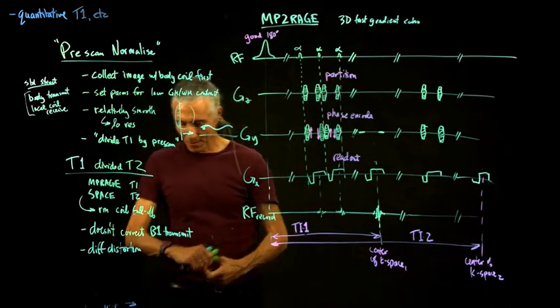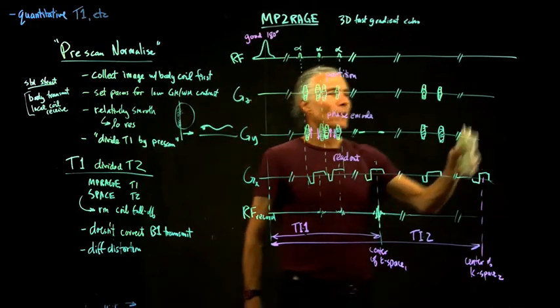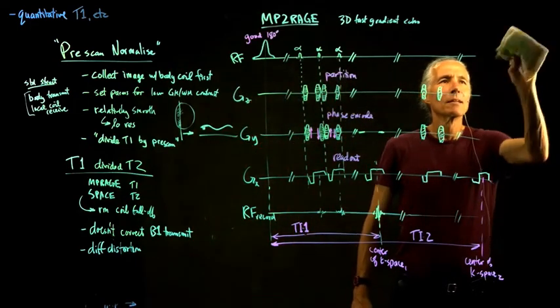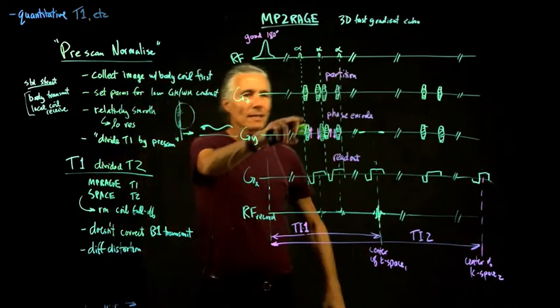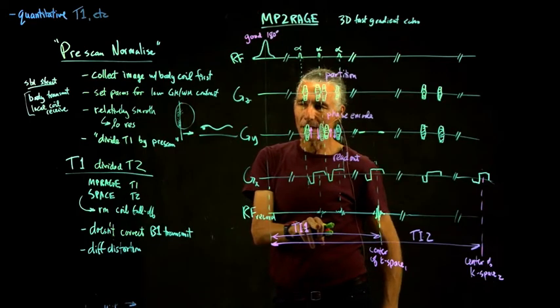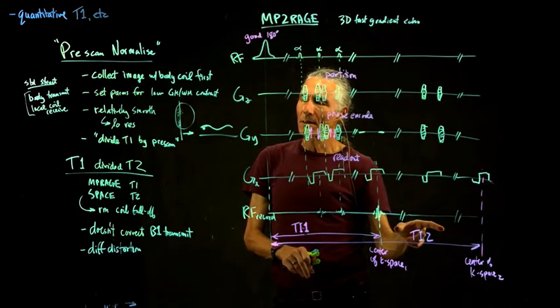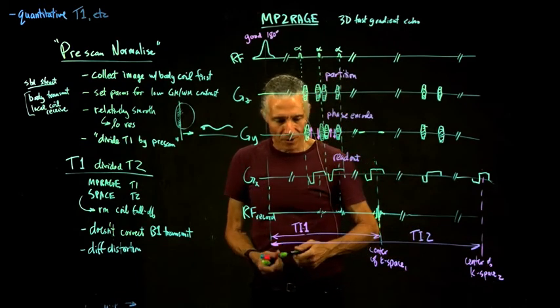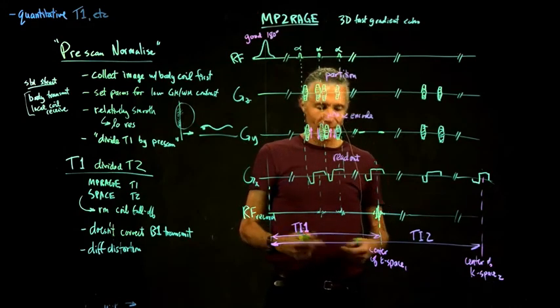And so then what do we do? So then what you can do, and the first one will look more or less proton density weighted because of the short inversion time, and the second one will look a lot more T1 weighted. And so you can just do a slightly more complicated version of dividing one by the other.